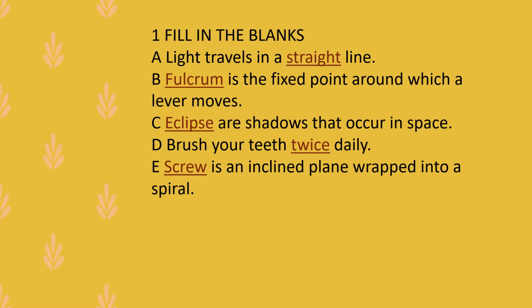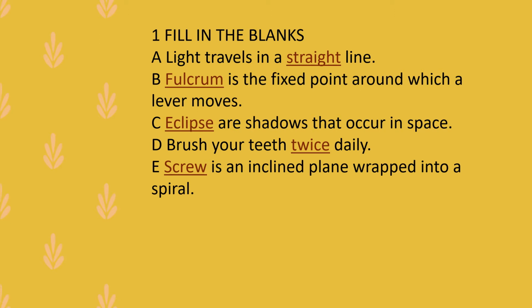First, fill in the blanks. Children, here a few incomplete sentences are given and you need to complete those sentences with appropriate words. The first sentence is: A, light travels in a dash line.